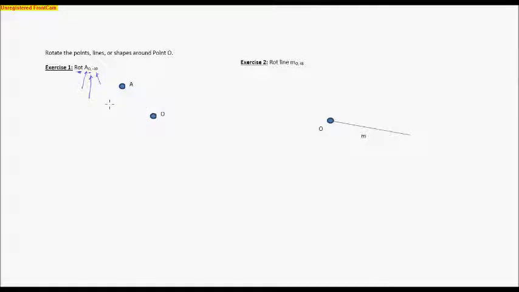Now, the one thing you've got to be aware of is you could have a rotation of a negative 30, or you could have a rotation of a positive number. This one's a negative number over here, and this is a positive number over here, and they mean specific things.